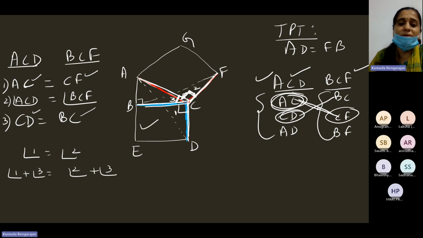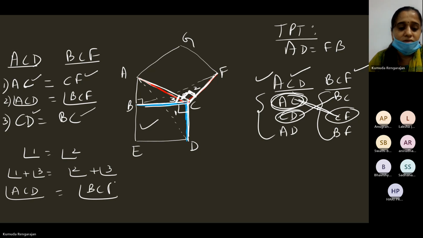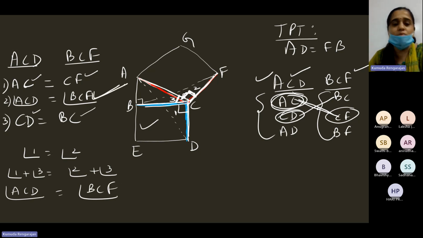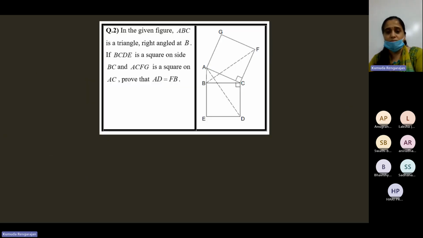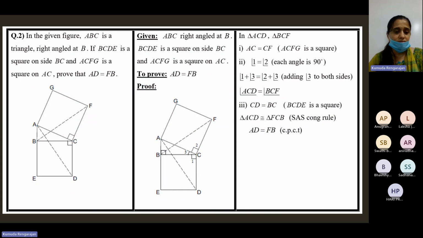So now what is angle 1 plus angle 3? Angle ACD. Yes or no? And angle 2 plus 3 is BCF. That's how you should prove that these two are equal. You must write that. You can see it here.